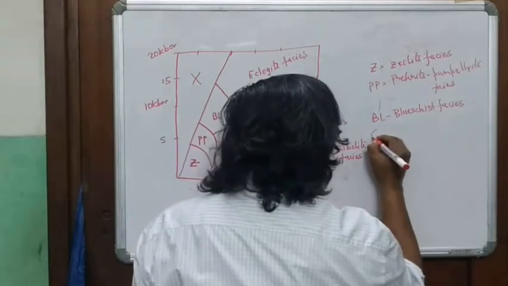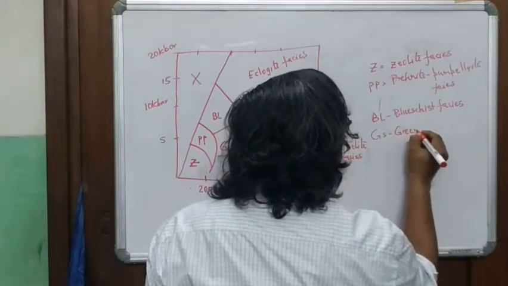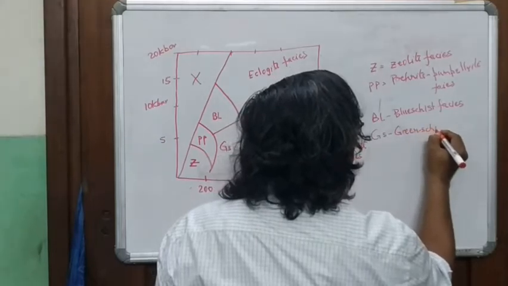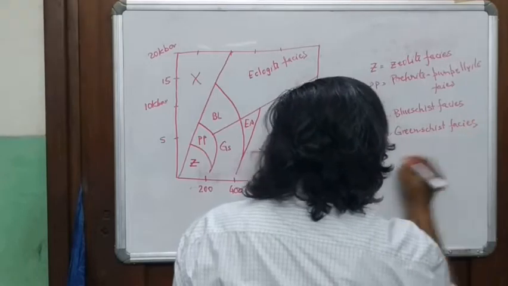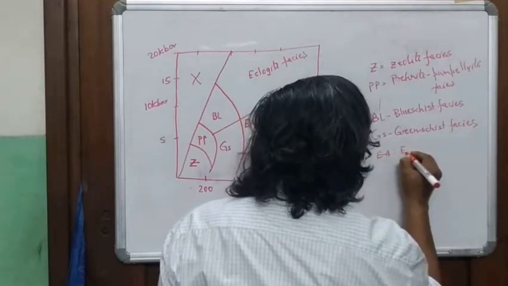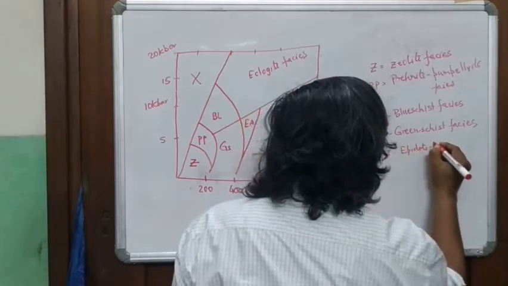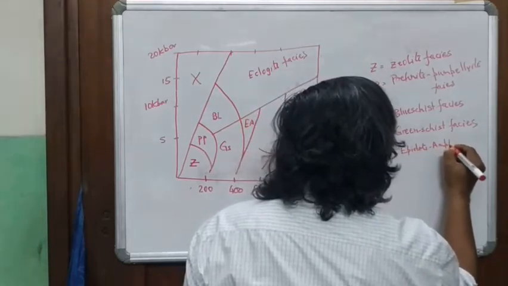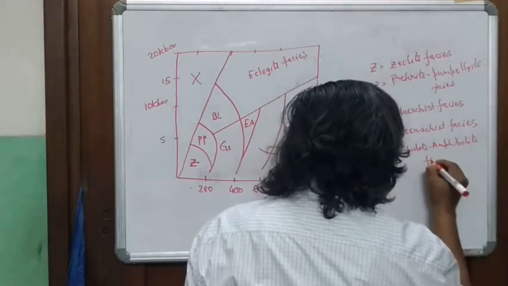And GS is green schist. And EA is epidote amphibolite facies.